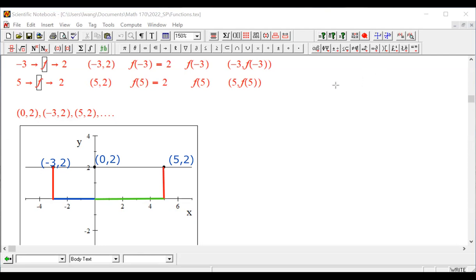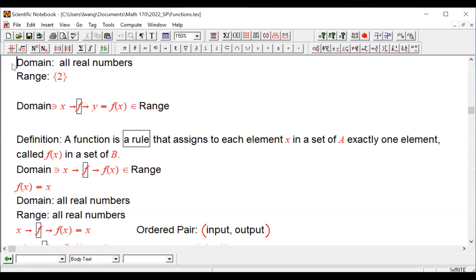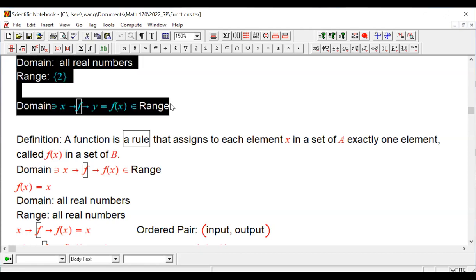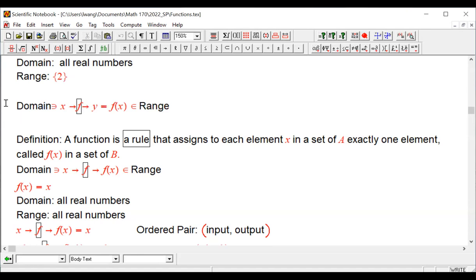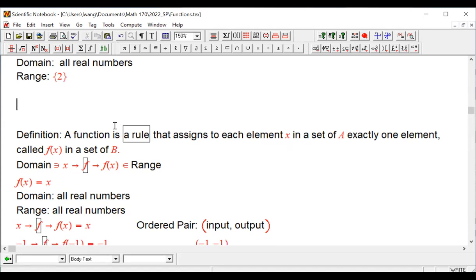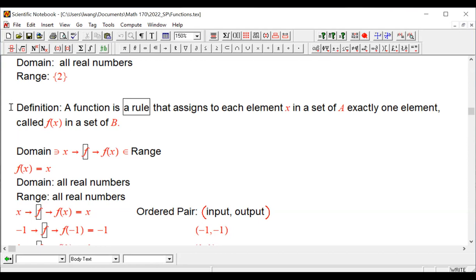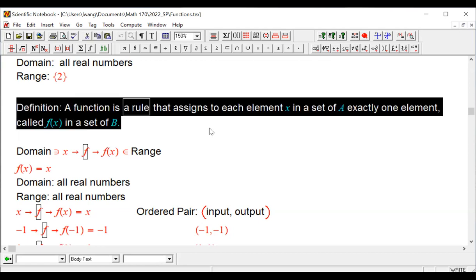Let's study another rule. I'm going to clean this up. Okay, that's a little summary. And once again, let's continue this study. This time I'll still bring the definition of function right here.